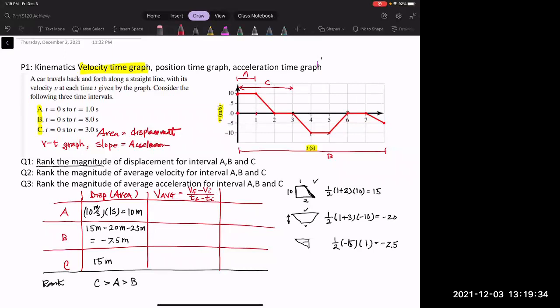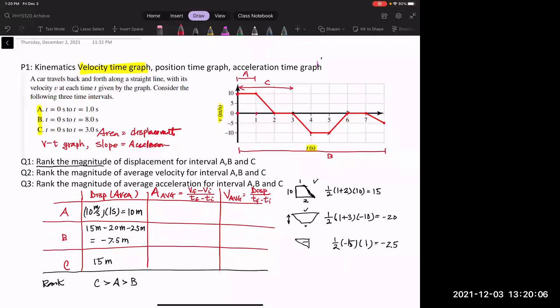So, wait, I did this one wrong. This is an average. I was writing the velocity acceleration. So let me change this one to A. This is an acceleration average. If you look at the velocity average, this is not. The velocity average is the displacement over the change of time.